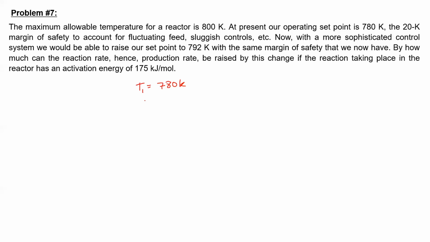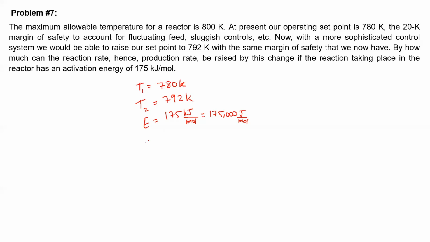So now you installed a new fancy system and you can now operate at 792 Kelvin. And you're also given that the activation energy is 175 kilojoules per mole, which is equal to 175,000 joules per mole.